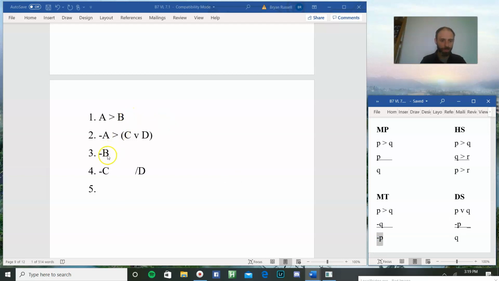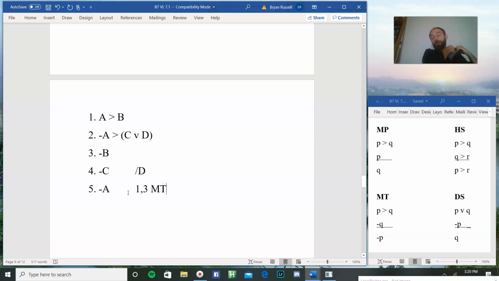So we can get on line 5 tilde A, because we had if A then B and not B, so we know not A. So how did we do that? We did 1, 3, MT.